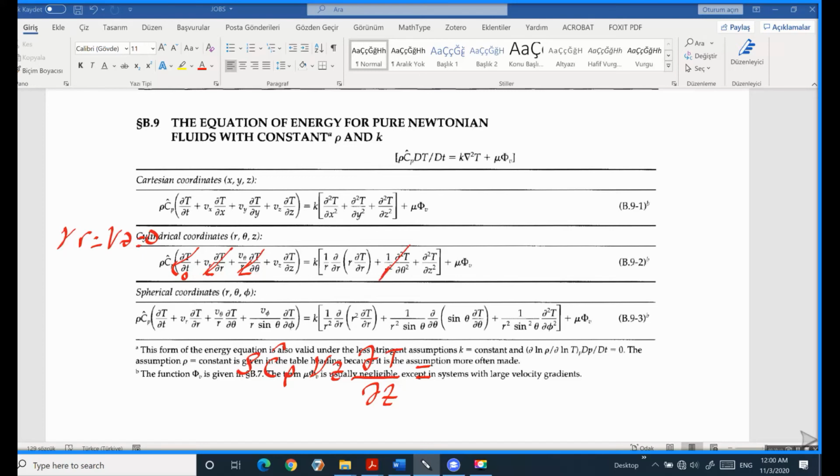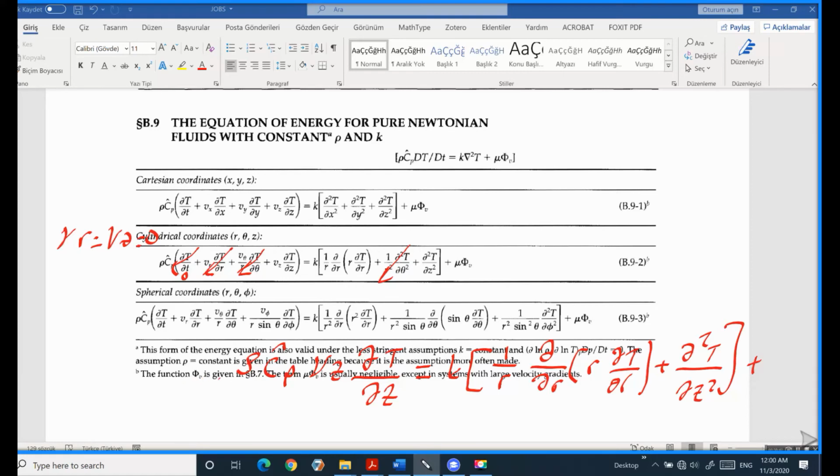That's why this term is going to be zero, and from here we have just 1 over r, partial derivative of r dT over dr. We know these two terms are just the form of conductivity, molecular transport of energy, and from here finally we are left with this term.